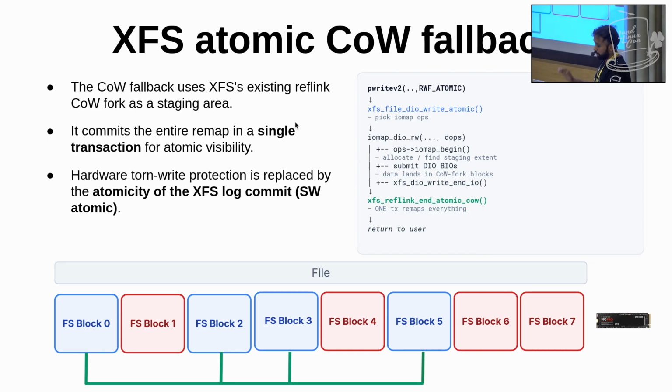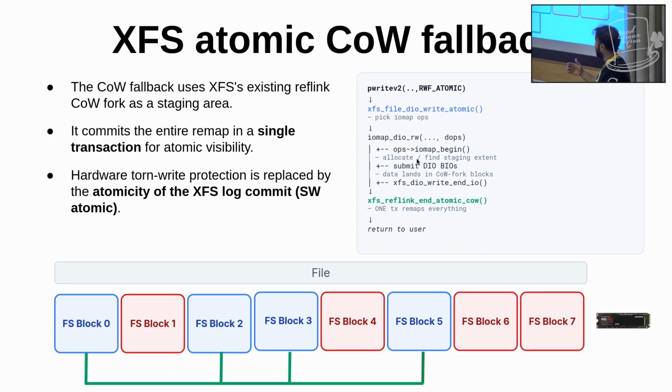So this is a fallback. There are also other cases, but mainly if your file system is fragmented and if the file system cannot find extents that are contiguous, then it will resort to something like copy on write. Here you can see first we try to allocate blocks in iomap_begin, an internal function that we use.